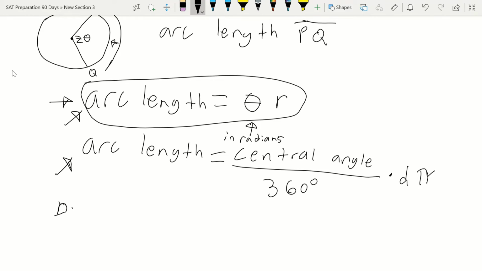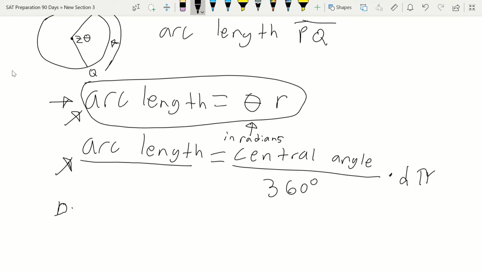I think really the only situation where I would prefer to use this bottom one is if I'm given a central angle that isn't easily divisible by 360. So if you're given a central angle of 268 degrees, then that's not going to easily divide over 360. If you're given 57 degrees or any sort of odd numbers, anything really other than 90, 180, or 270, then I would suggest using the central angle one.